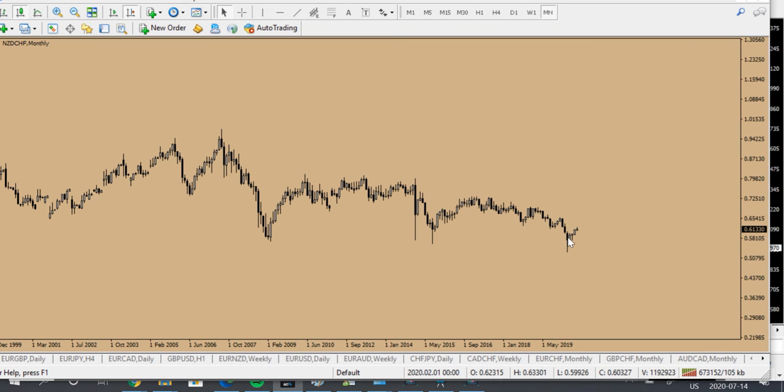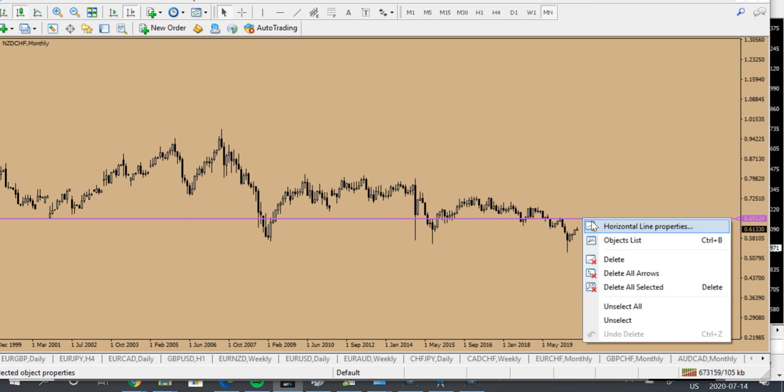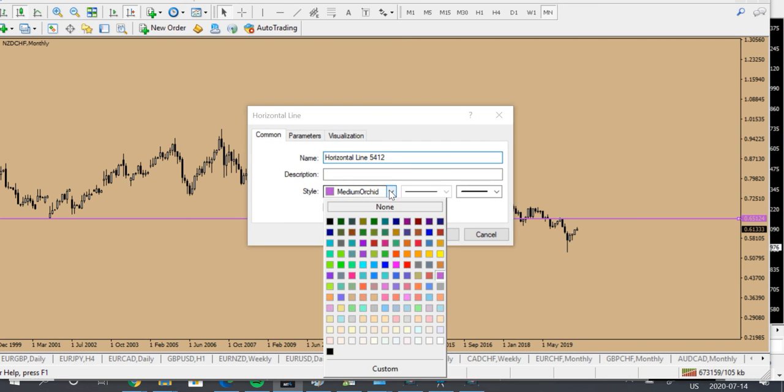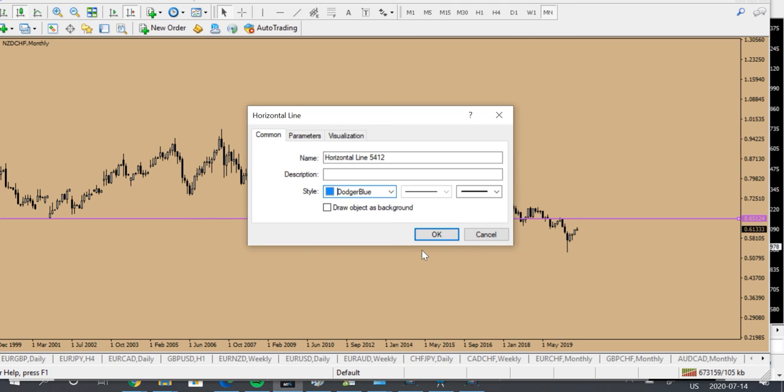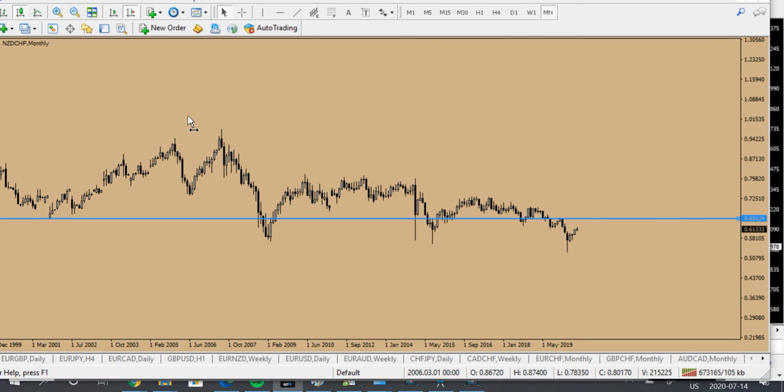For the last 3 months, it's been going up. Now, the area where I could consider a sell would be around here, around that area. This will be a good area for a sell.